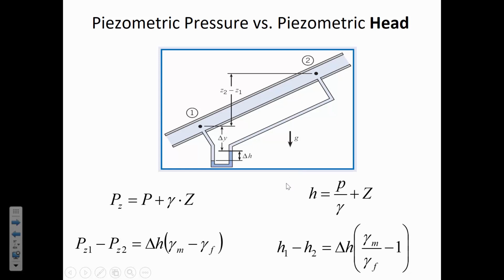By contrast, for the piezometric head, each of these terms has been divided by gamma. So it would be the pressure head and the elevation above some datum to get the piezometric head rather than the piezometric pressure. So if you want to find the change in piezometric pressure, that's the approach that we just looked at in the second part of the example. But you could also identify the change in piezometric head by simply having the delta H times the ratio of the unit weights minus 1.